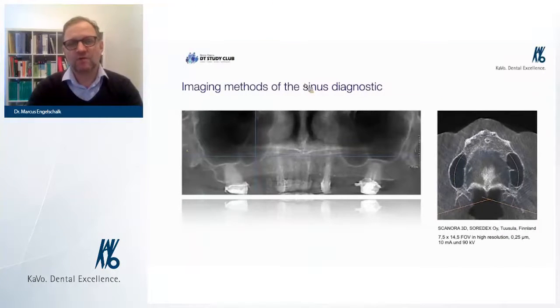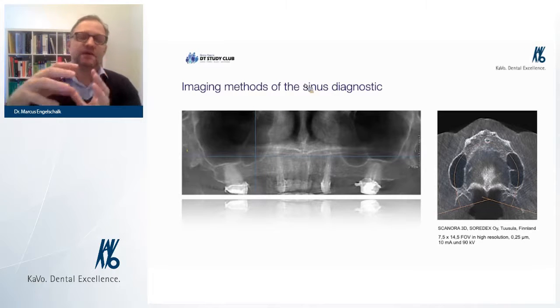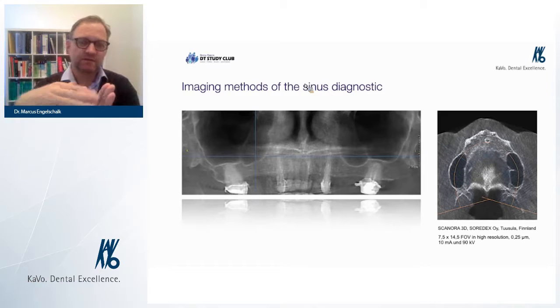But we have to know that it's a very big area for us to treat. The anterior expansion can be until the first premolar or distal to the canine. This is very important to know, because sometimes the sinus creates small pockets at the region of the first premolar.